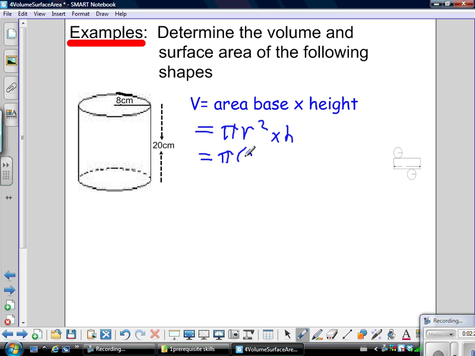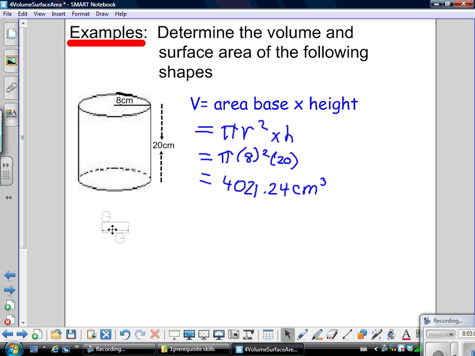So that's going to be pi times 8 squared, and we're going to multiply it by 20. When we take our calculator and do the calculations, we end up with 4,021.24. Because we're talking about volume, it's cubed units. So that's the volume of the cylinder.